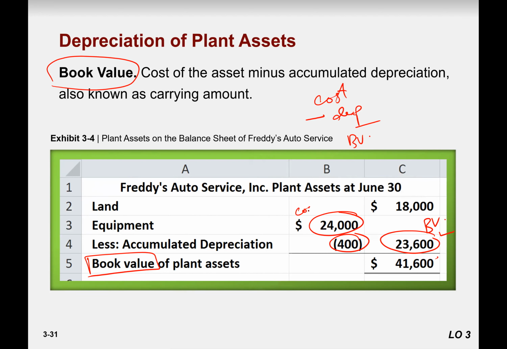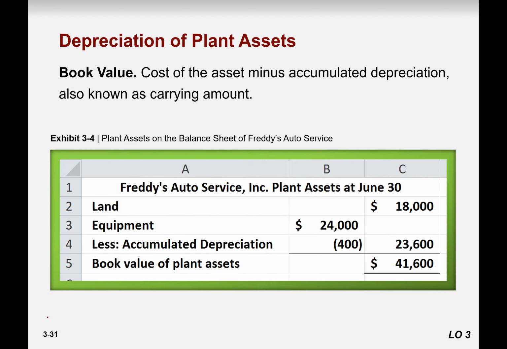This is called the cost value, and this is the depreciation. Understand? Let me clarify one more time. The benefit of having accumulated depreciation is that we know the cost value, or purchase value, of the equipment is 24,000.